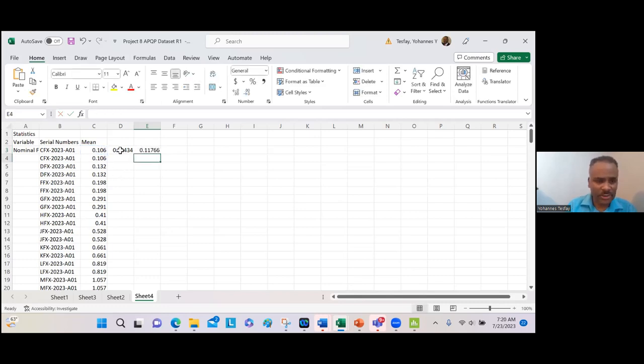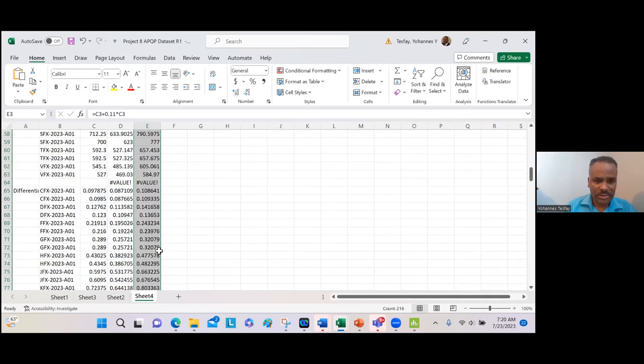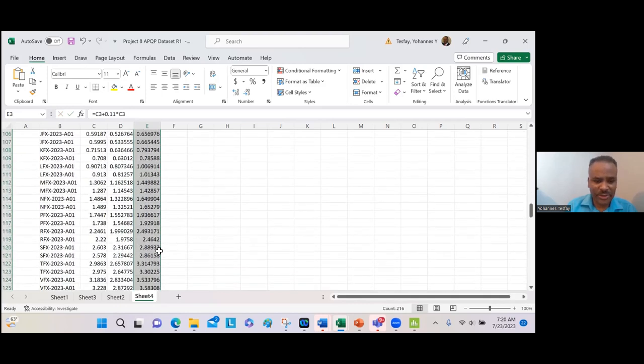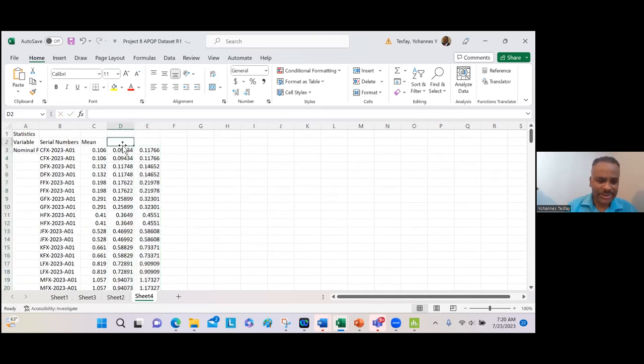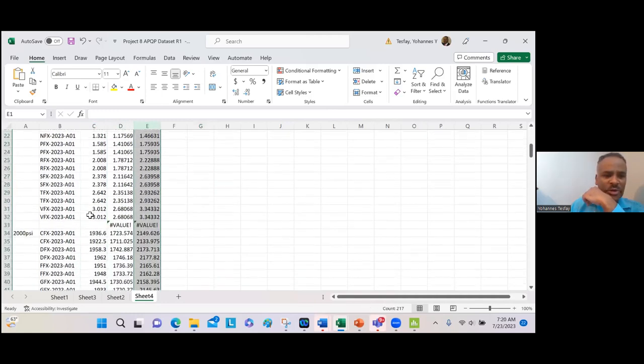Just like that, and drag it down, that's it. So upper specification limit and lower specification limit are found for each. So the nominal or the target is this one, and lower specification and upper specification for all of them.